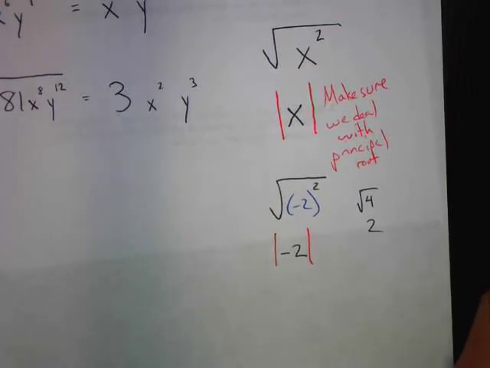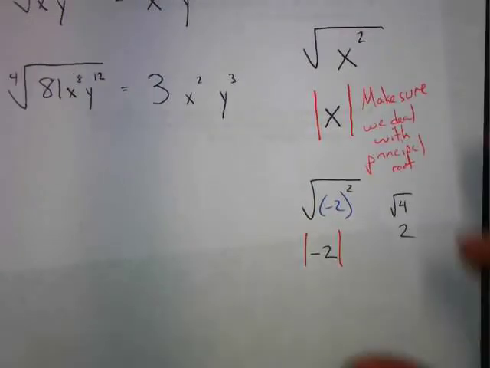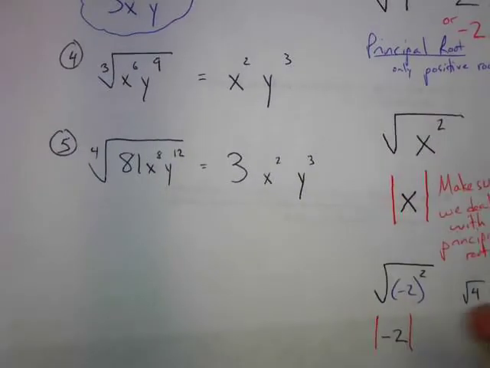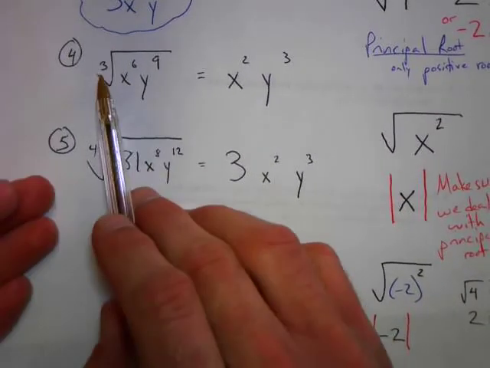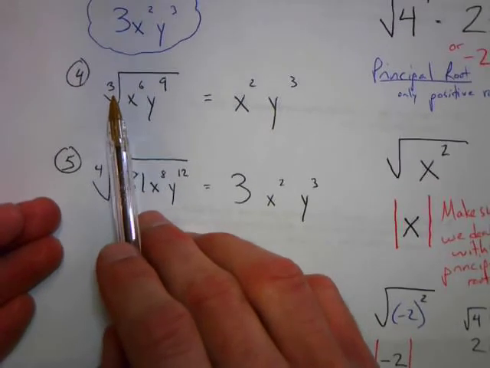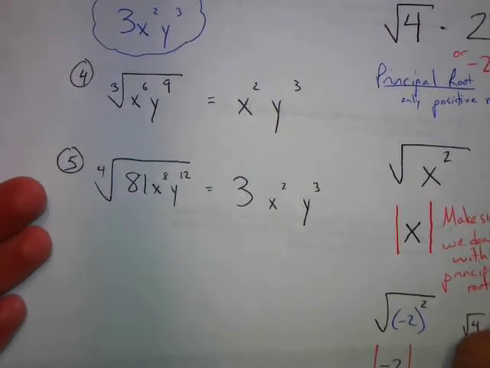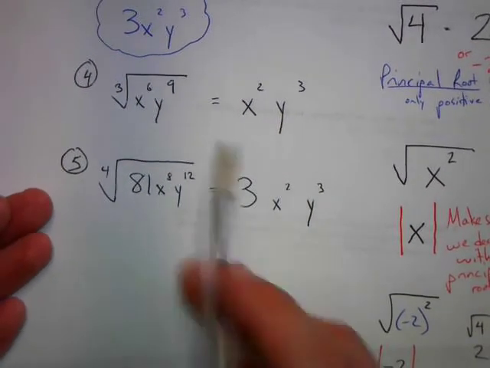Now, on page 363 in the book, there's a very confusing graphic about how that works. And you'll see in more detail underneath that. But here's the deal. If you have an odd root, an odd index, you don't need to worry about absolute value bars. That's just something to remember.